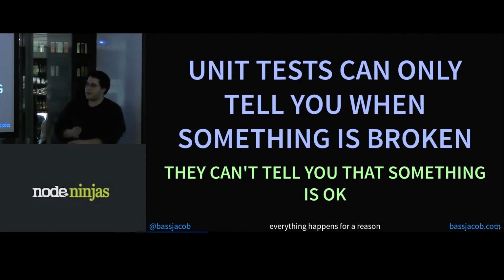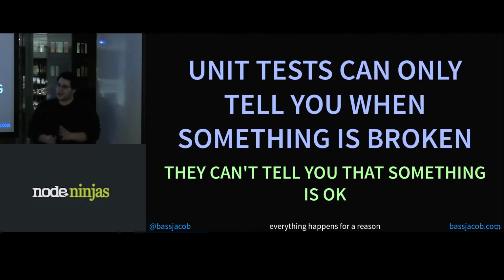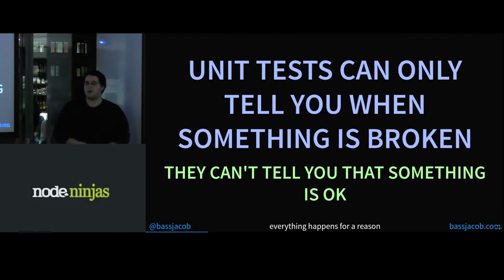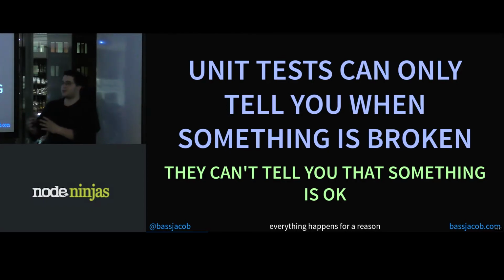But the fundamental truth of the matter is that by checking after you've written something whether it runs, you can only tell that it doesn't break in the ways that you can think of. By checking before you run it, whether or not it should run, you can tell a lot more about the way that it could possibly break.